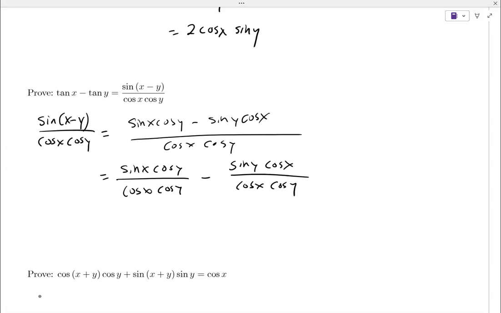What happens in your first term? Cosine y cancels. And in the second one? Cosine x is canceled. And so we're left with sine x over cosine x in the first one, which is tangent x. And in the second one, we have sine y over cosine y, which is tangent y.